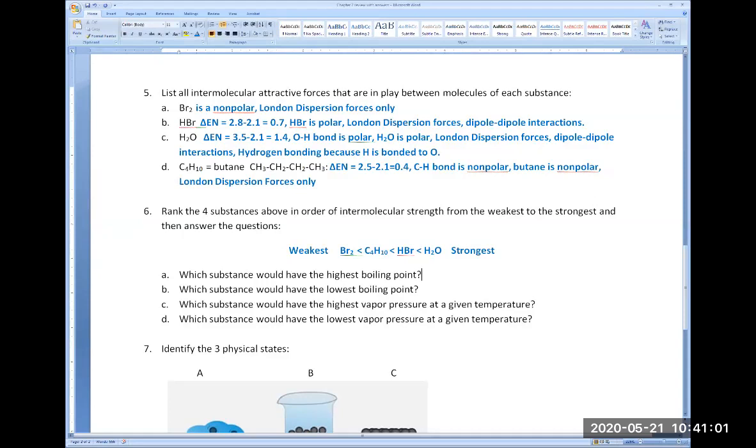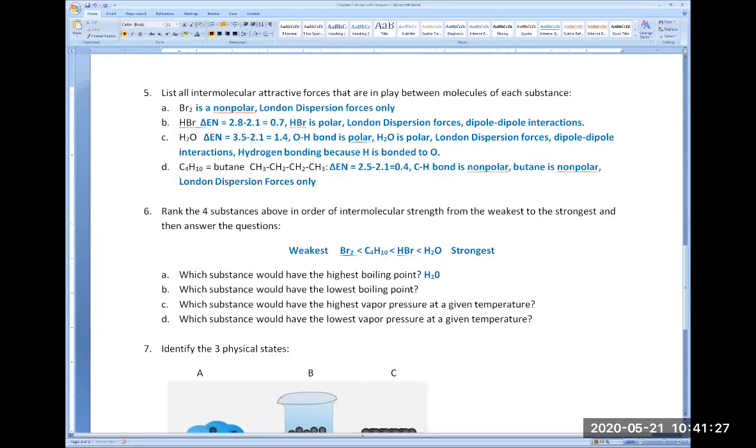The highest boiling point would be the molecule that experiences the strongest forces. H2O will have the highest boiling point because it's held so tightly together that it requires more energy, so a higher temperature, to be able to break those intermolecular attractive forces and have molecules free from each other and flying around, right?